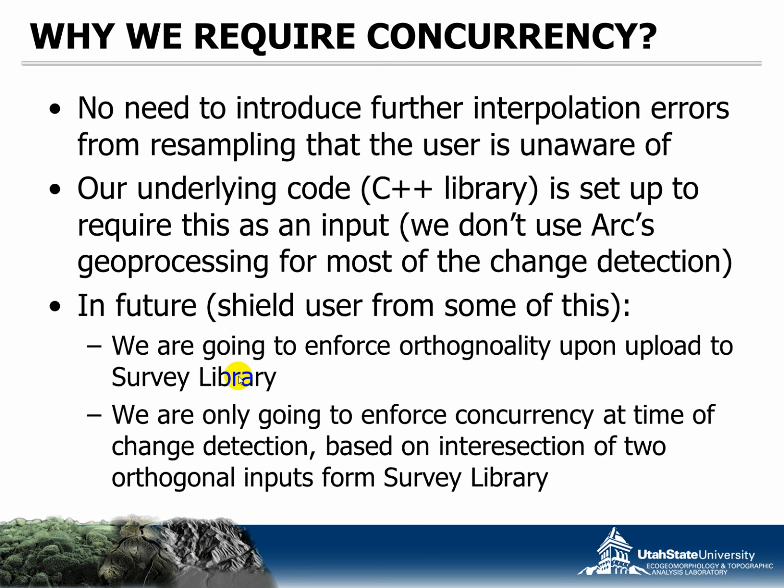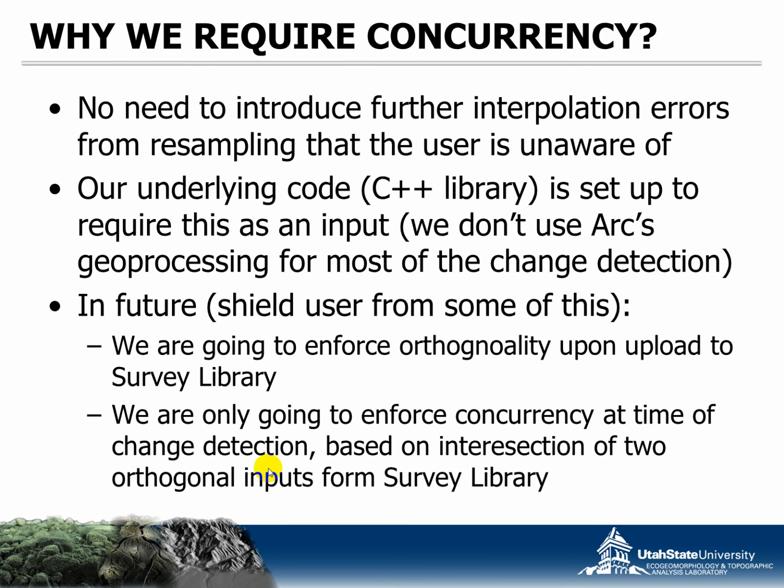What's going to happen is when you load a raster into the survey library, we'll make a copy of it, and at that stage, we're going to enforce orthogonality. And so all rasters that get loaded will have to be orthogonal to each other. And then we're only going to check for concurrency and enforce it at the time of change detection.